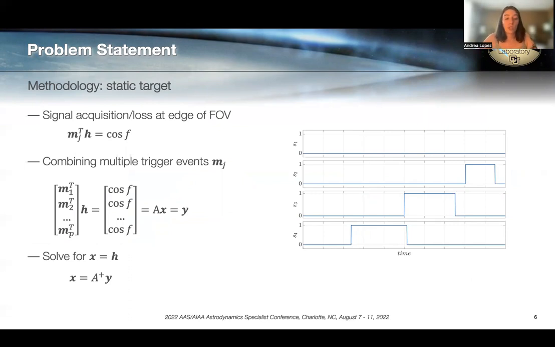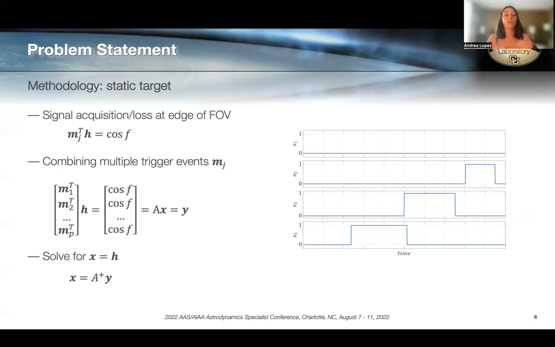So what we are going to do is record the signal acquisition and loss of signal events, because we know that at these points the angle between our sensor and the heading of the target is going to be f. Here f is the half cone of the field of view.